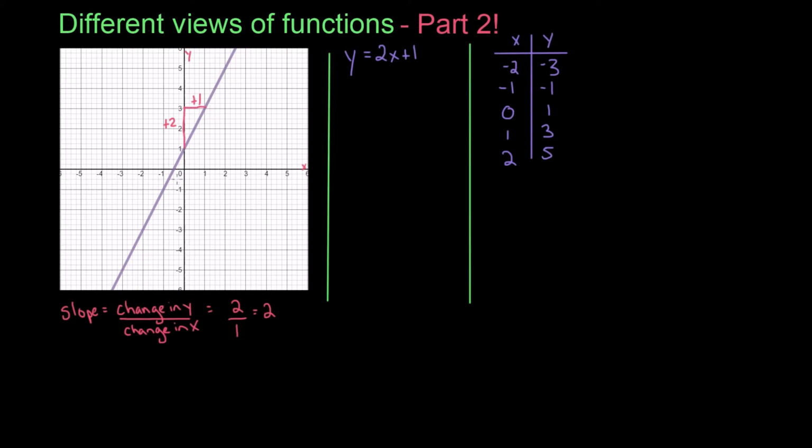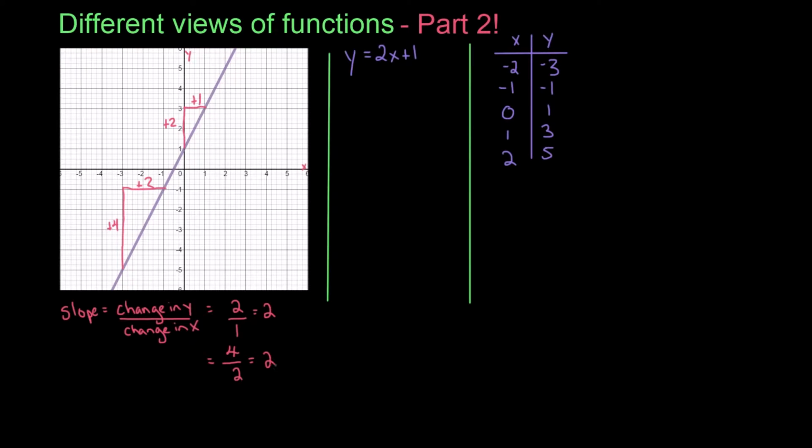And notice that it didn't actually matter that we only went over 1. We could have picked a different distance. Like we could have gone up 4 and over 2, and our equation still works. So then our change in y is 4, our change in x is 2, and 4 divided by 2 is still 2.